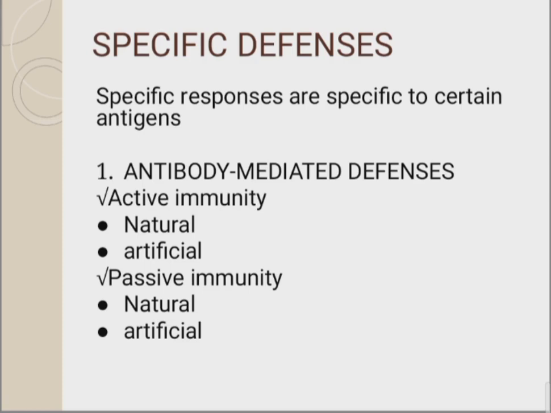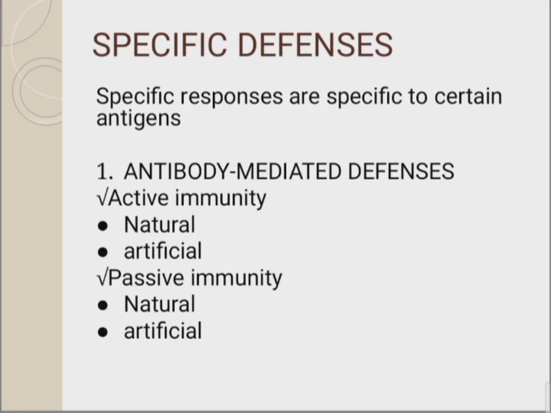In active immunity, there is natural and artificial. Natural active immunity means when we have an infection or disease, our body produces antibody; that is known as natural active immunity. If we are hit by coronavirus, the body produces antibody against coronavirus, which is known as natural active immunity.